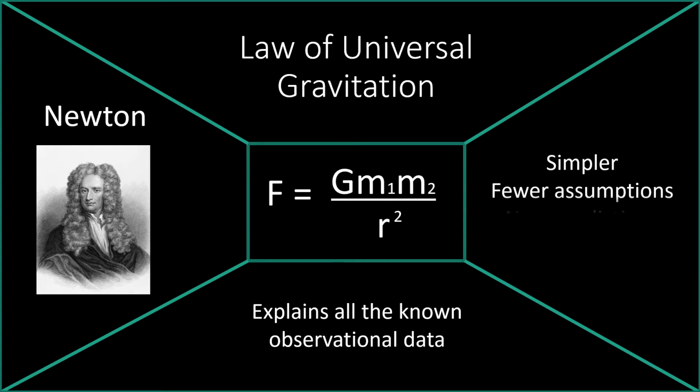It explained everything that Kepler's 3 laws explained, but it did it with simpler and fewer assumptions. As it was used, additional implications became apparent, new predictions were made and confirmed by experiment and observation, and the stage was set for a new era of astronomical discovery.